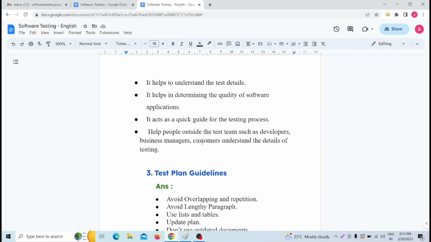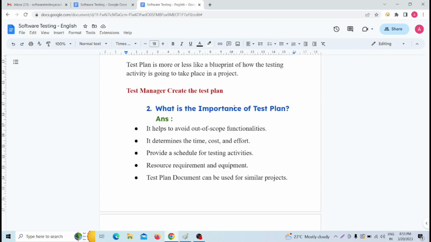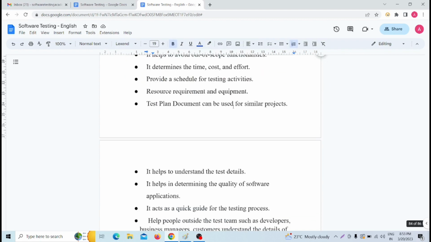But apart from the testing team, if the developer, business manager, customer can follow the test plan, then they can get a detailed idea of the testing process. Okay, so these are the importance of test plan.